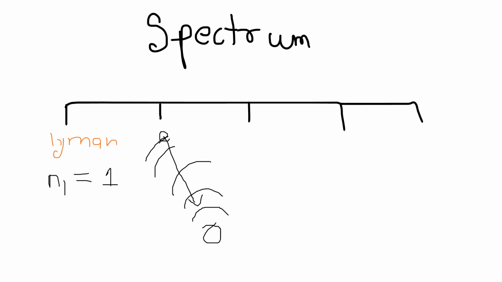This is called the Lyman series. Now n2, the place from where it falls, will start from 2, 3 and up to infinity. This is the Lyman series, where n2, the electron from infinity, falls onto the first shell.